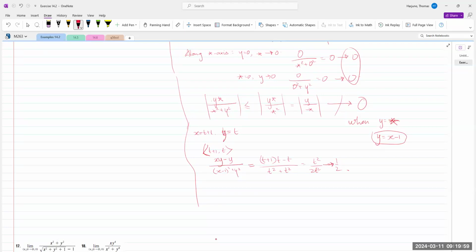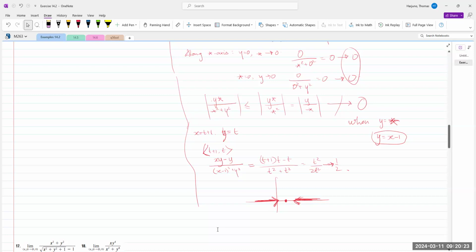One of them we can use, the point that we are approaching is (1, 0), right? So we can say one way is to approach along the x-axis. When we go along the x-axis, which means y equals 0, you will get a certain limit.